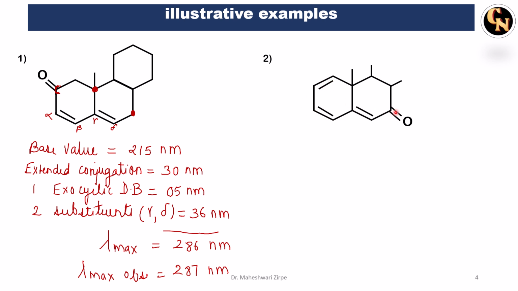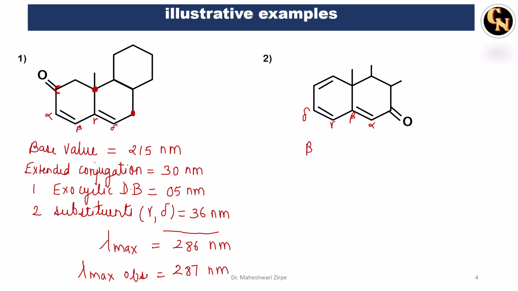You can find here, it goes like this. Okay, there is extension of double bonds. So let us label them. This is alpha carbon, beta, gamma, delta, and so on. You can have the extension. Now let us write down the base value first.